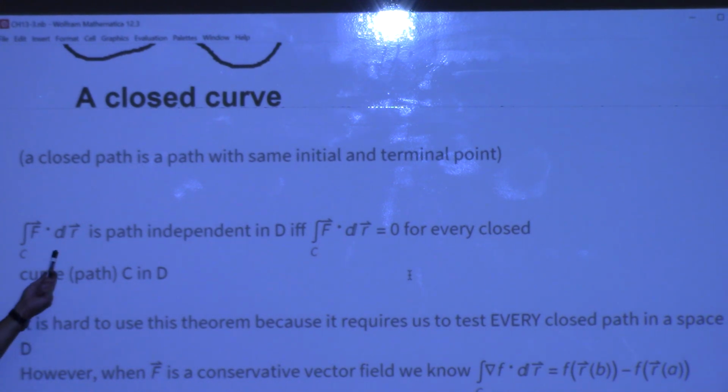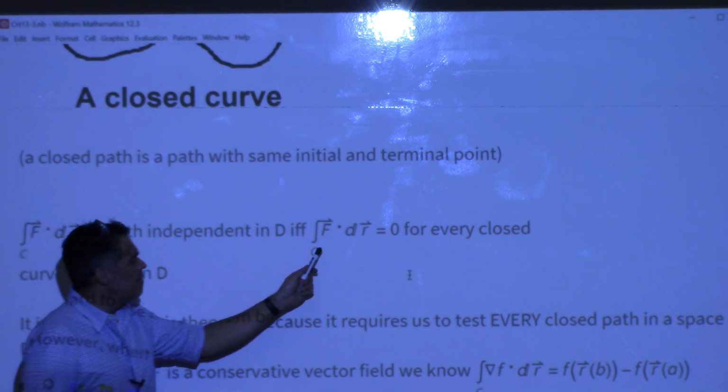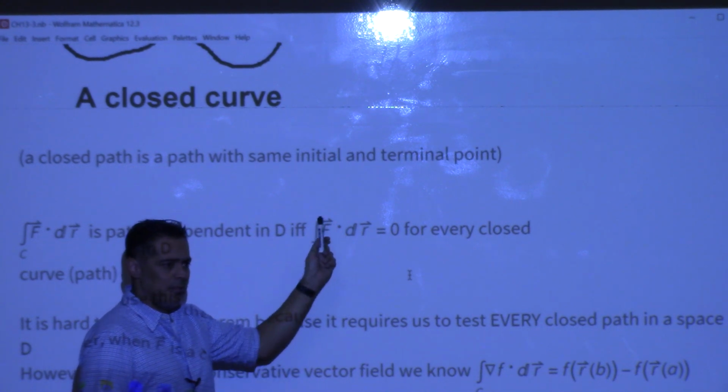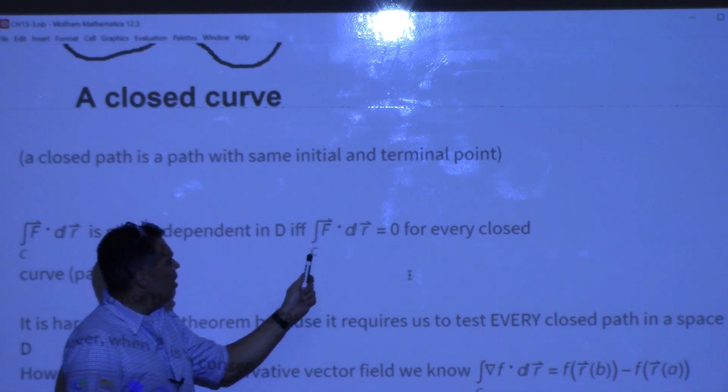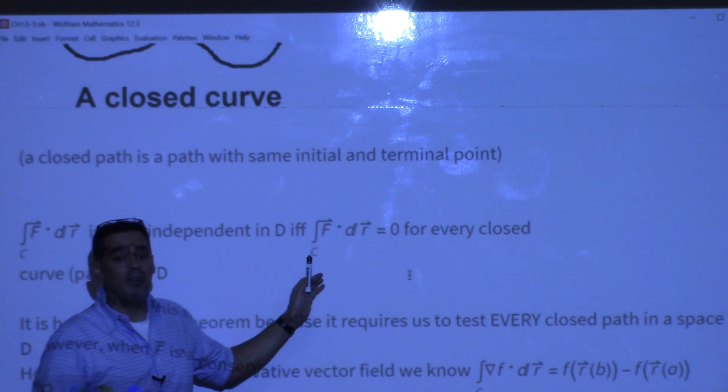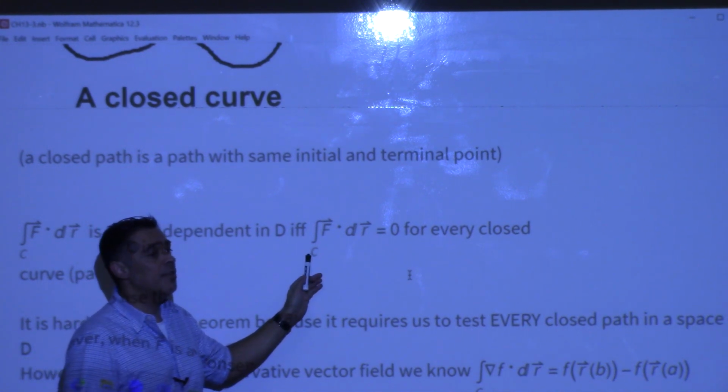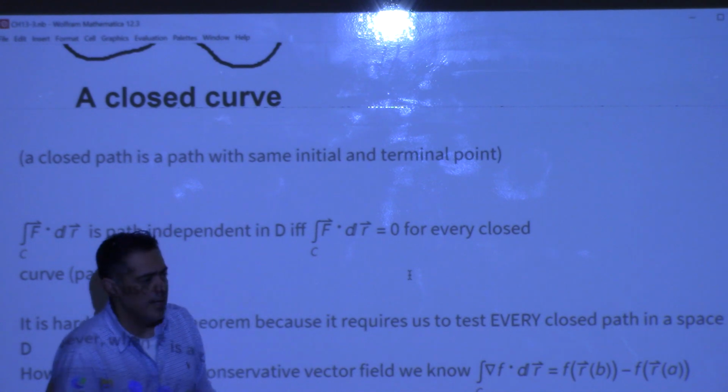So what if I tell you that every time you try and compute this line integral over this vector field, along any curve, doesn't matter what curve you pick, and I tell you the answer is 0?